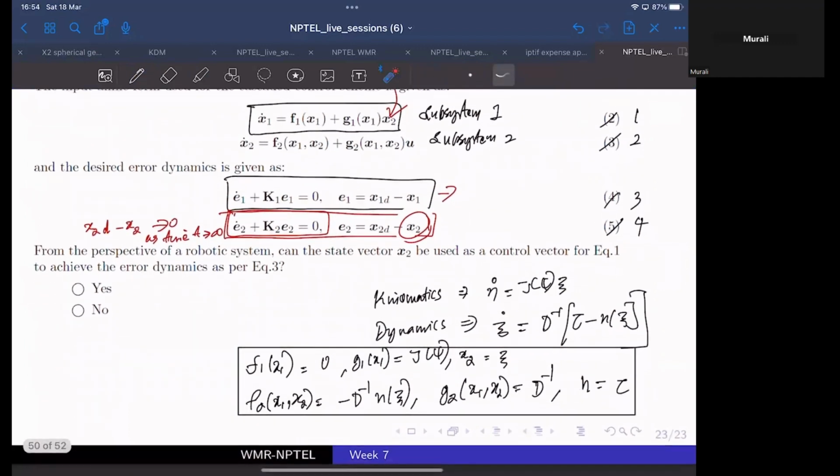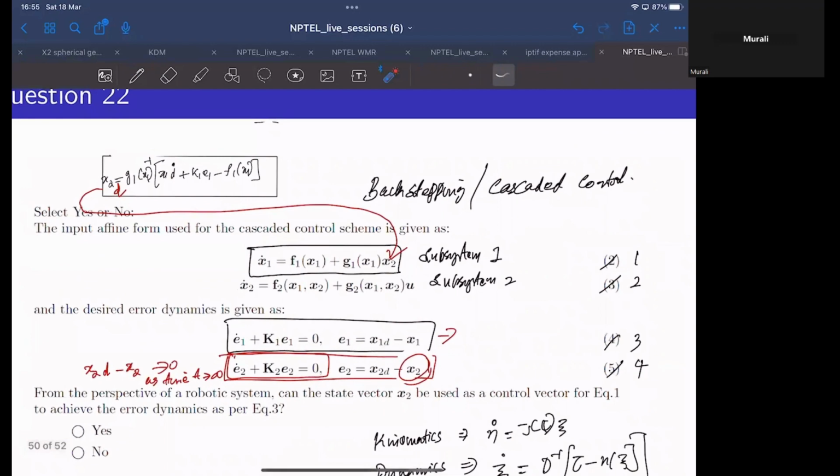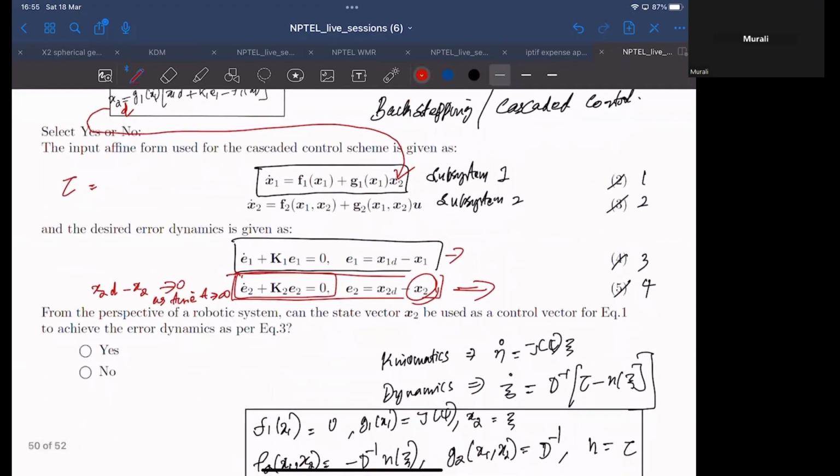If we substitute the corresponding expressions for x2 desired and x2 from these substitutions, we would end up with a value for this control input, be some lengthy expression, so that the second error dynamics can be satisfied. So I hope you got some idea.